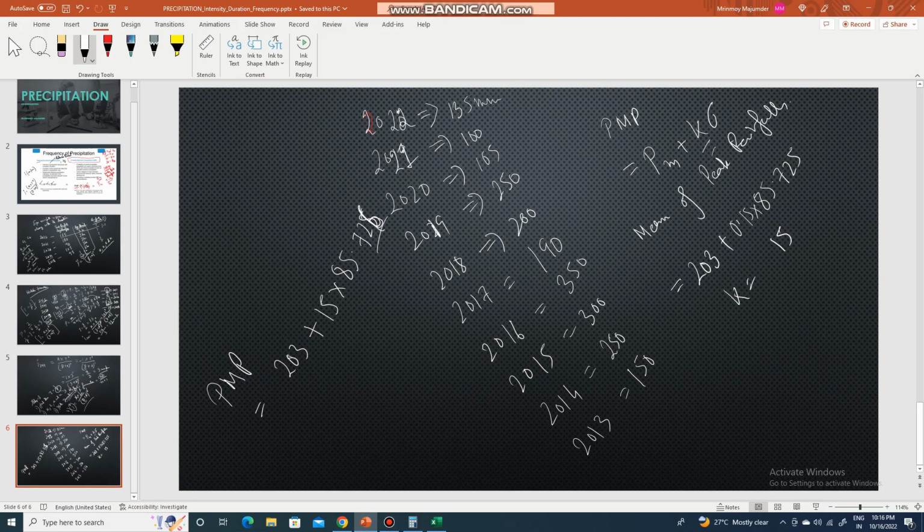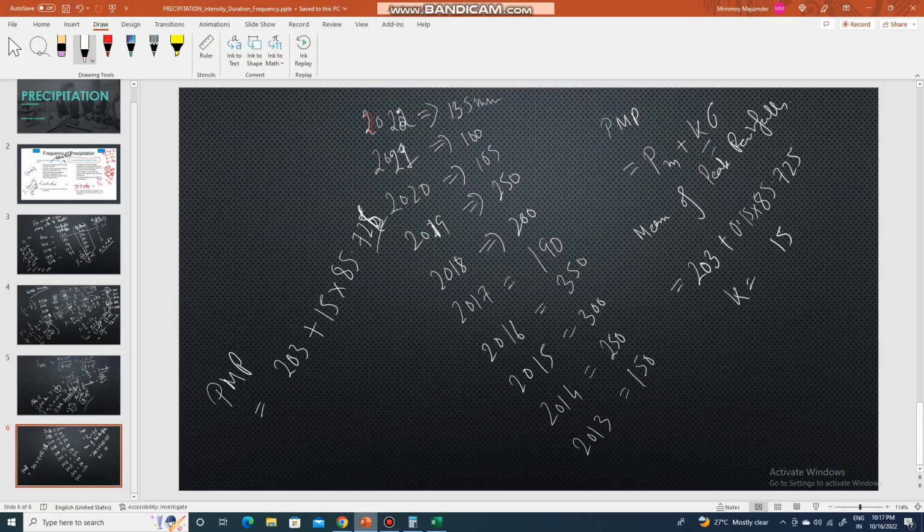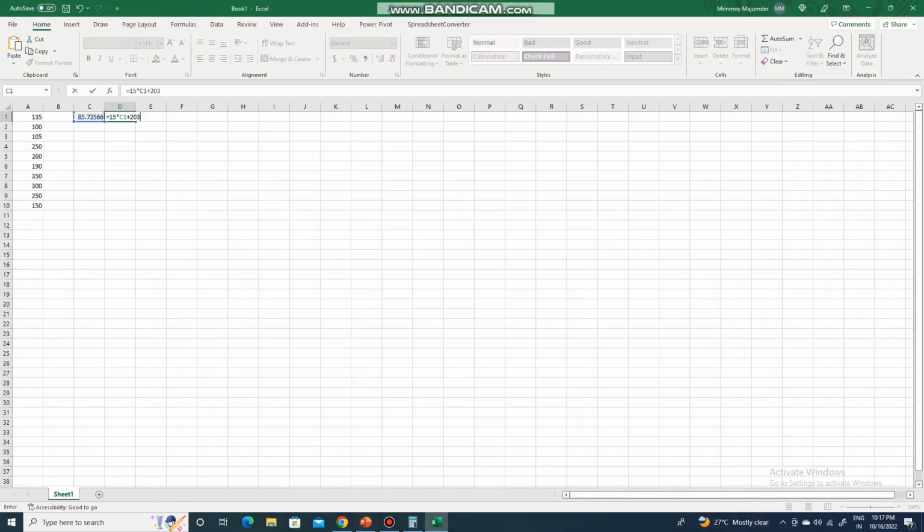So let me calculate this also. What I will do is multiply 15, which is the value of K, with the standard deviation, and add the mean rainfall, which I have calculated to be 203. Okay, and then press enter.